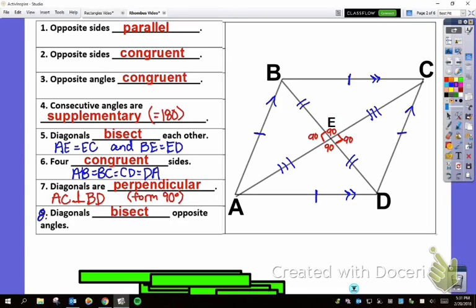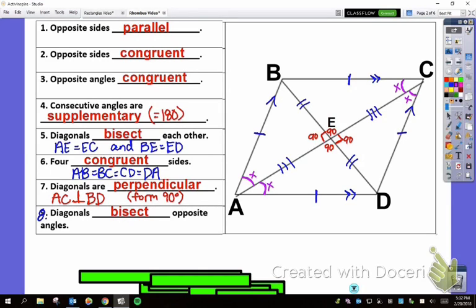So when we bisect angle A, that means that this side, angle BAE, is equal to this angle, angle DAE. So I'm going to just put an X right there, which means this is X. Now if it bisects that angle, we know the whole angle A is equal to the whole angle C, so that means that these pieces also have to be X so that our opposite angles are equal.